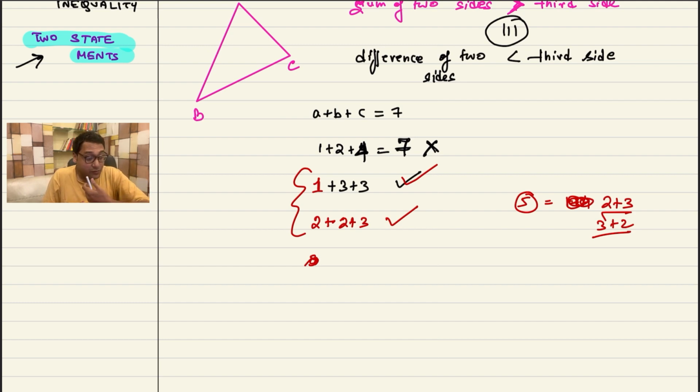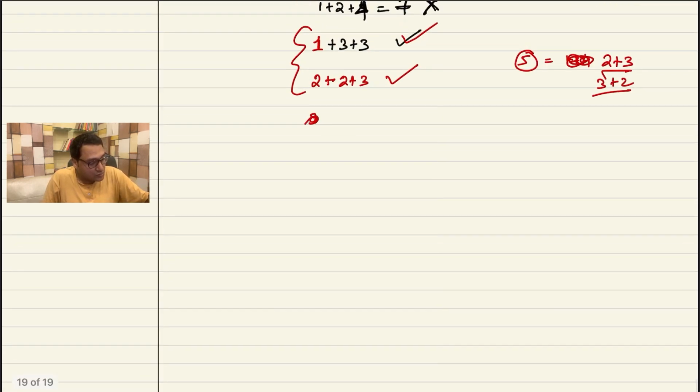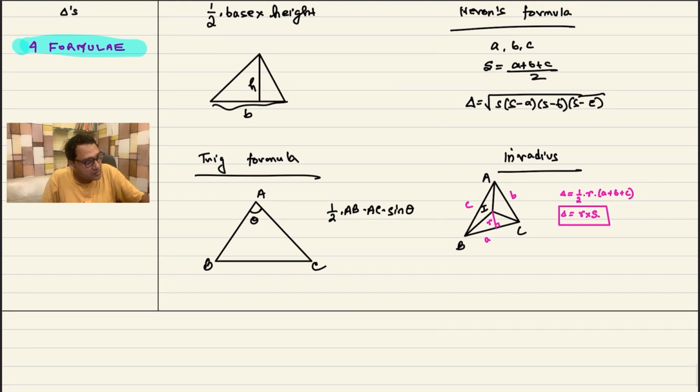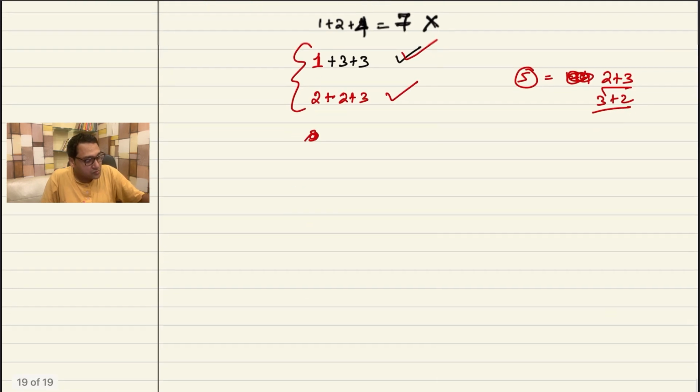Now the question becomes, which one of these 2 triangles has the larger area? We can use Heron's formula, the one that is given here. The semi-perimeter in each case is 3.5.